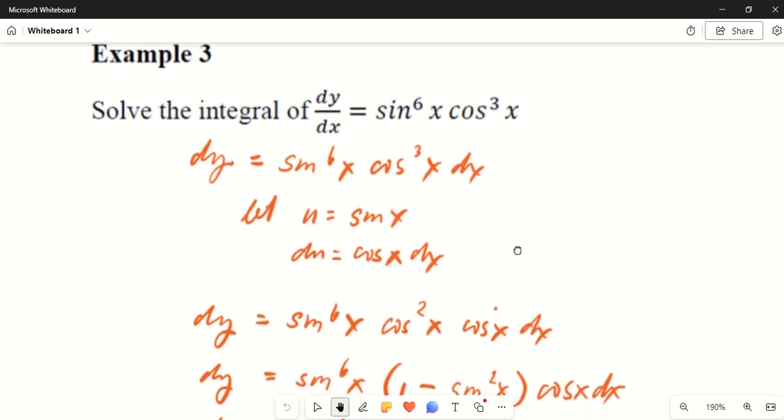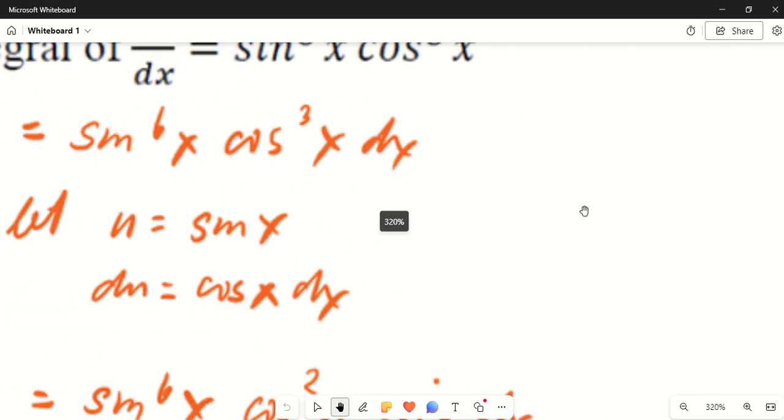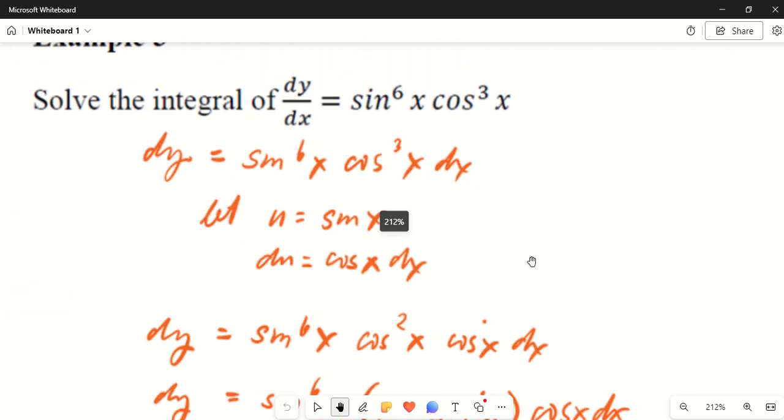Okay, so there's a thing that we need to do in the original equation. So we are going to factor out your cosine x here in your cosine x raised to the 3rd power to apply one of the trigonometric identities, the Pythagorean identities, for us to be able to get the integral easily.